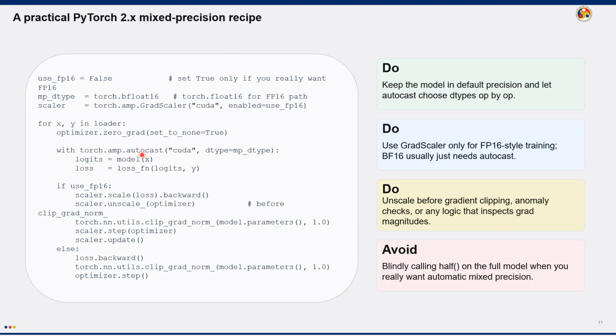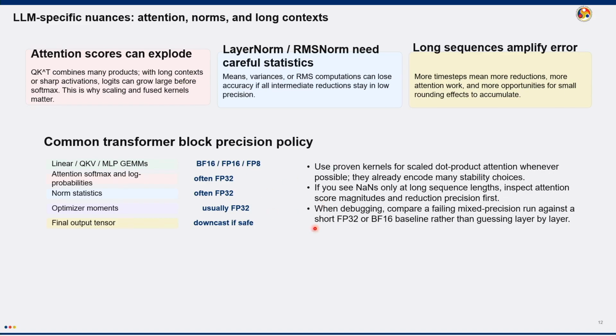So amp.autocast will be applied in the code section we will see. Okay, and we have already talked about what are the things to avoid, and here some nuances for LLM specific training. So attention scores can explode because you do the QK^T computation which combines many products. So you have 1024 by 1024 matrices multiplying each other.